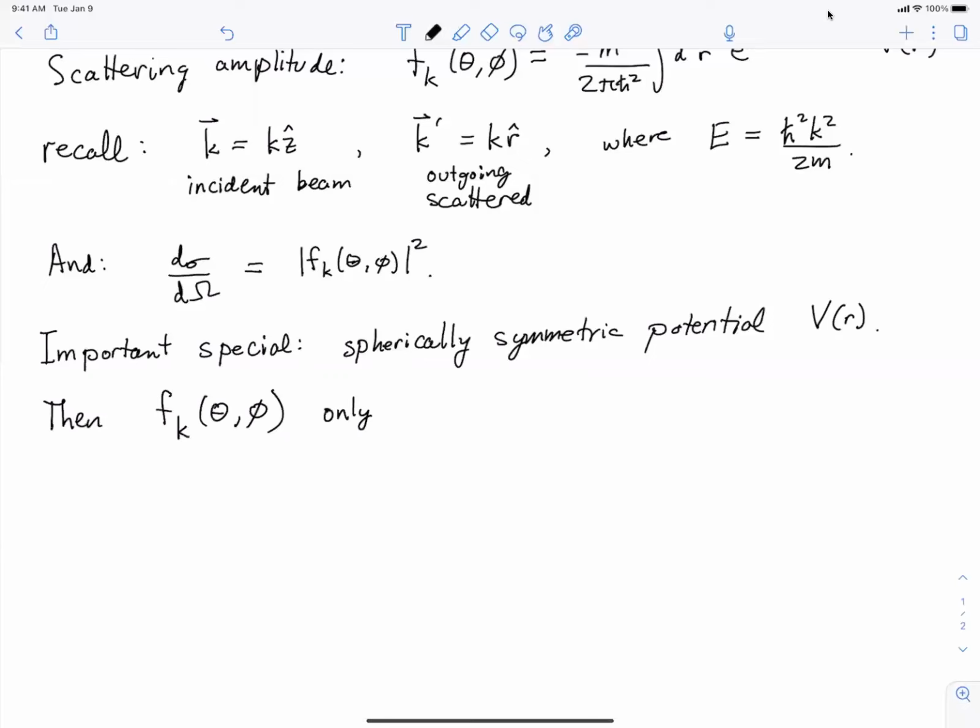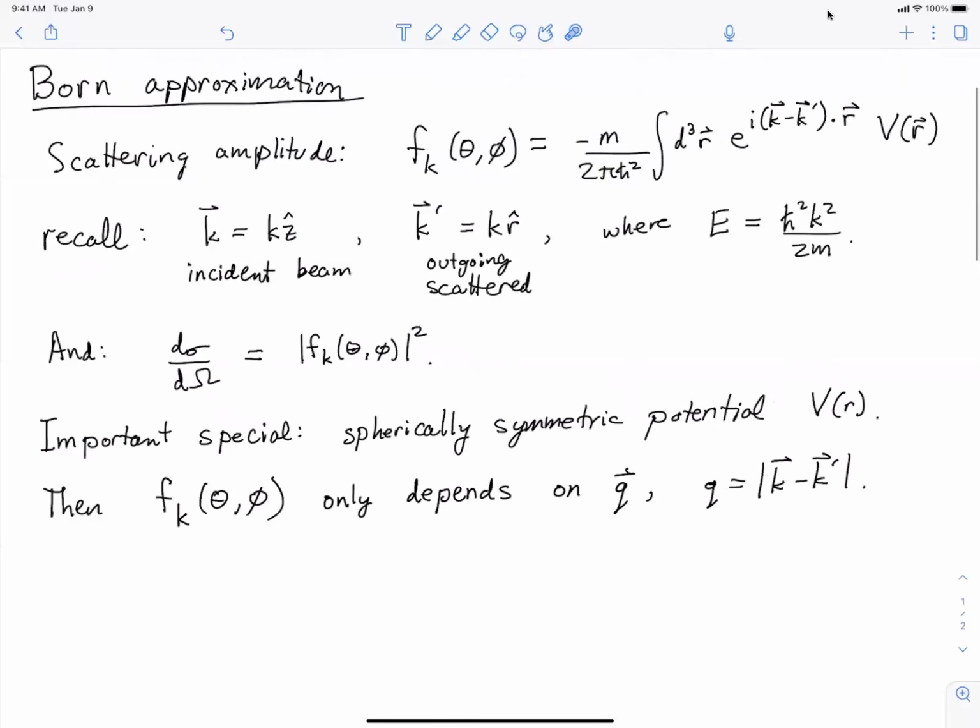only depends on theta. And not only does it only depend on theta, it only depends on theta and a combination of the energy, because it only depends on q. And the magnitude of q is the magnitude of k minus k prime. Right? So q is just this thing that's appearing up here in the exponent.